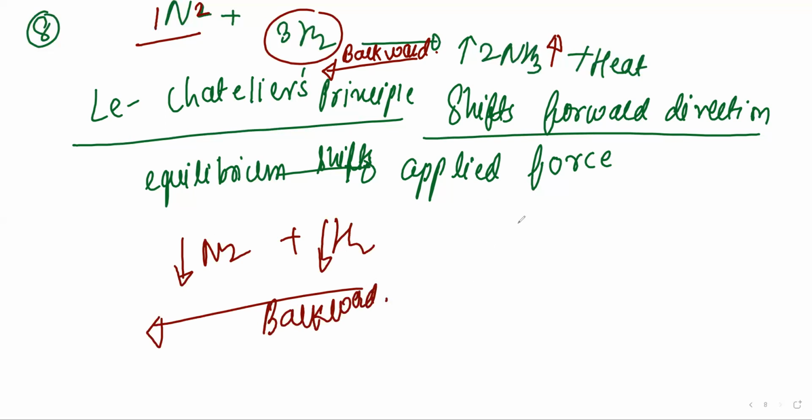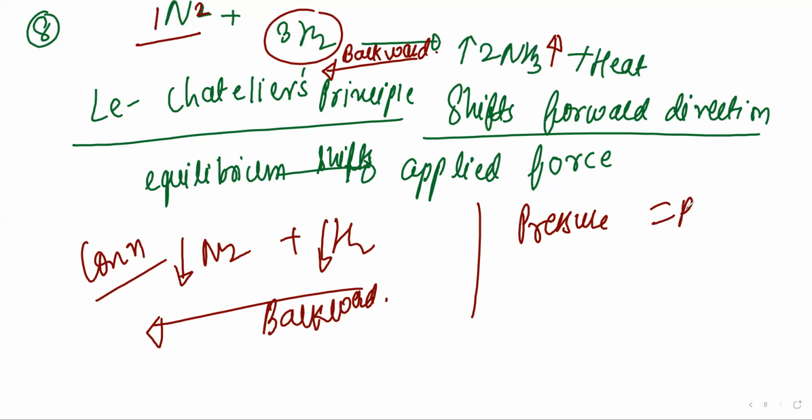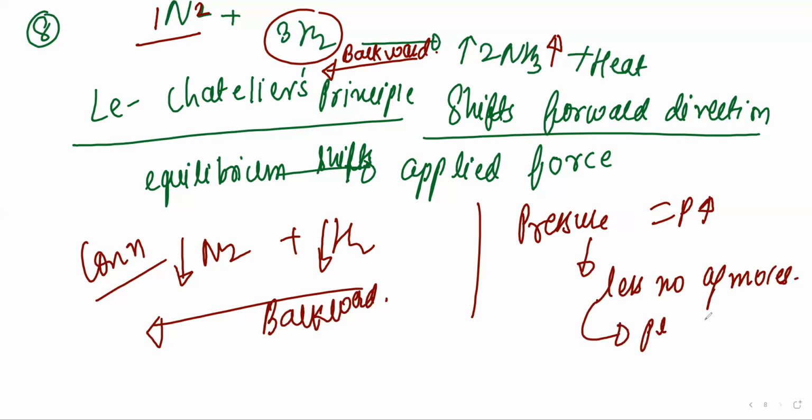Earlier it was concentration; now it is talking about pressure P. If the pressure is increased, the equilibrium shifts to the side where the lower number of gas molecules is present. So when we increase the pressure, it goes to the smaller number of moles, and more product will be formed, so the forward direction.